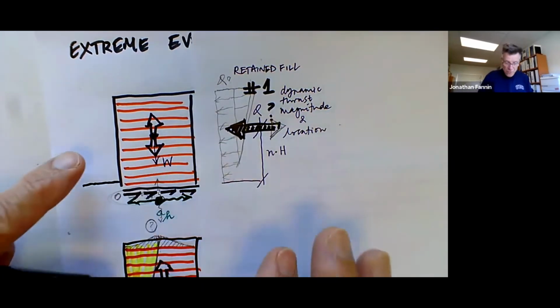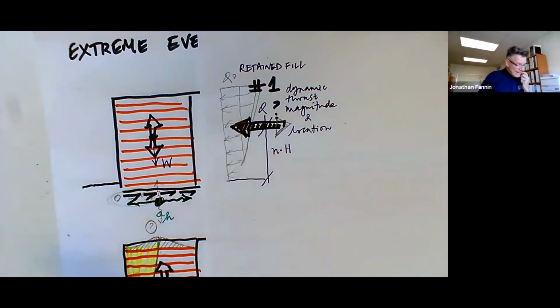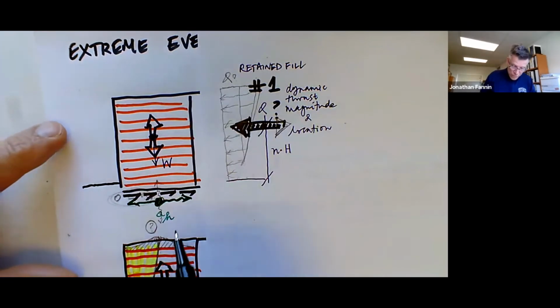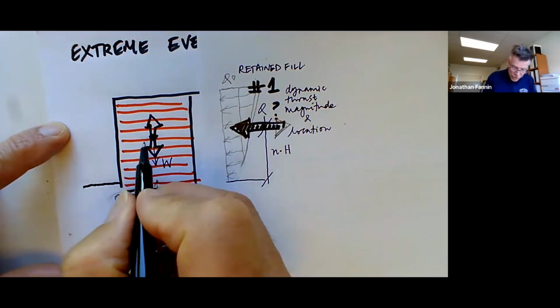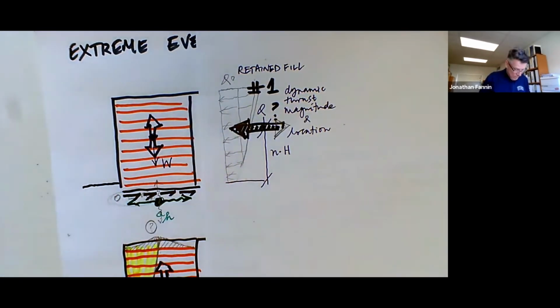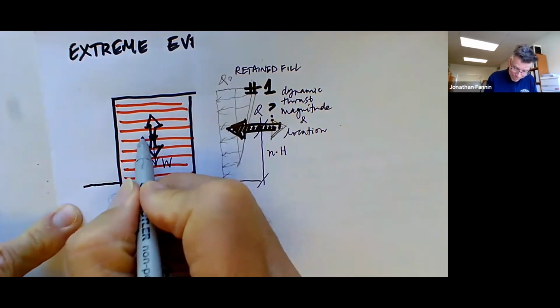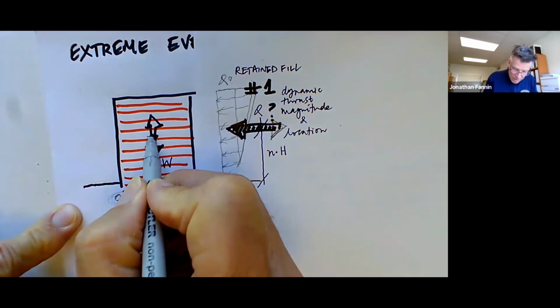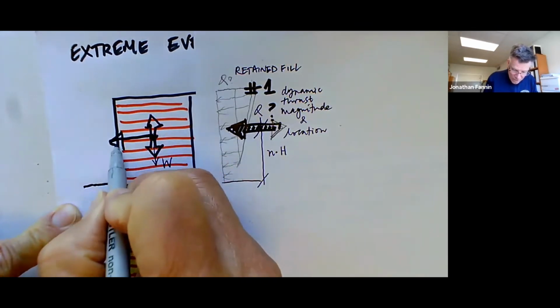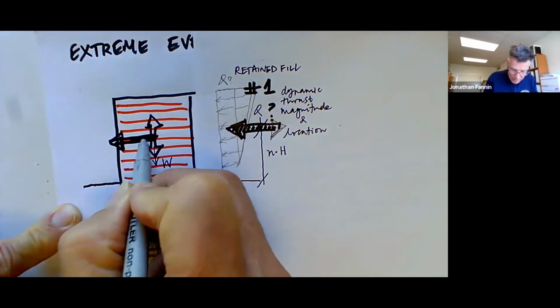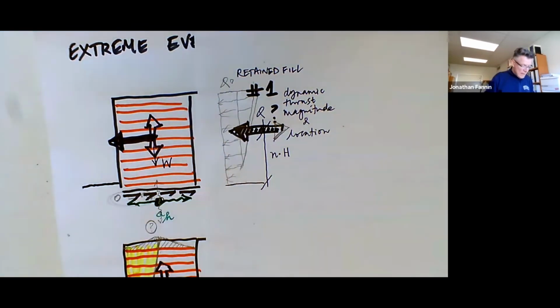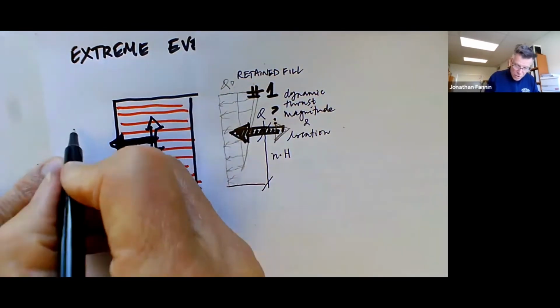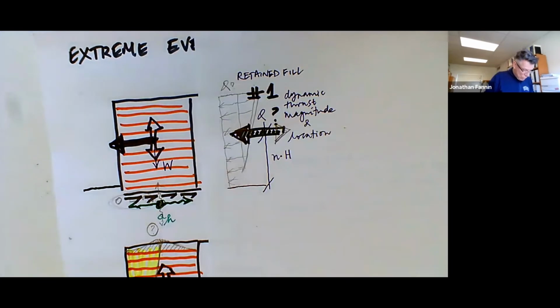And the reinforced soil fill itself has an inertial force, some proportion of W that is acting both forwards and backwards. Let's look at the outward acting inertial force. Okay, so now we've got this, and that's an inertial force. Let's call this number 2.